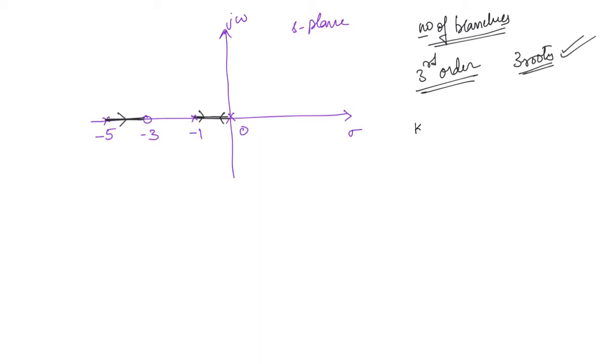As k varies from 0 to infinity, these 3 roots will trace some paths on the S-plane. That trajectory is the root locus. So there are 3 roots tracing 3 different paths, which means we have 3 branches of the root locus. That means the number of branches equals the number of roots of the characteristic equation, which is nothing but the order of the characteristic equation.